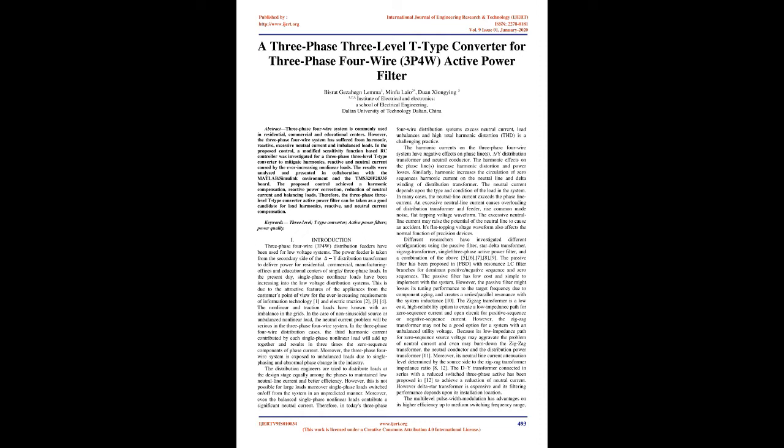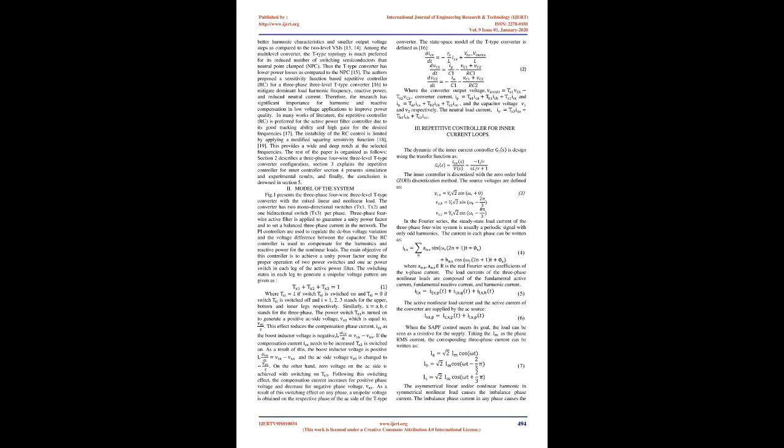Therefore, in today's 3-phase 4-wire distribution systems, excess neutral current, load unbalance, and high total harmonic distortion (THD) are a challenging problem. The harmonic currents on the 3-phase 4-wire system have negative effects on the phase line, the Δ/Y distribution transformer, and the neutral conductor.